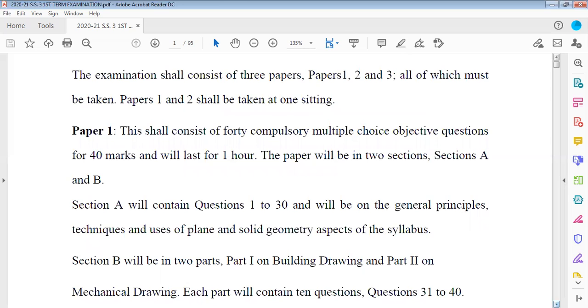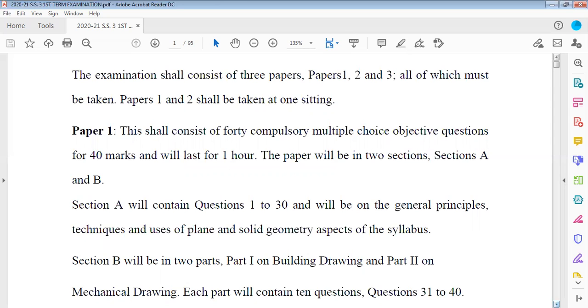So question 1 to 30 are on general principles of everything that has to do with geometric drawing. That's section A. Section B is divided into 2 parts.